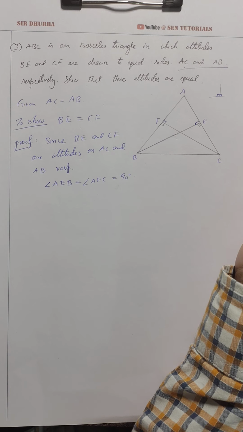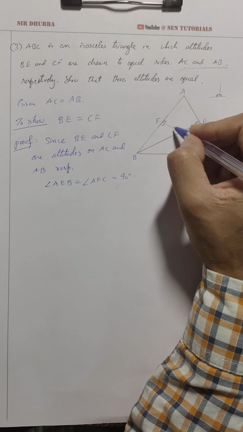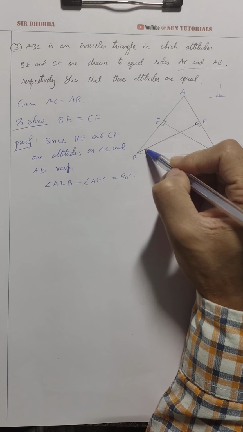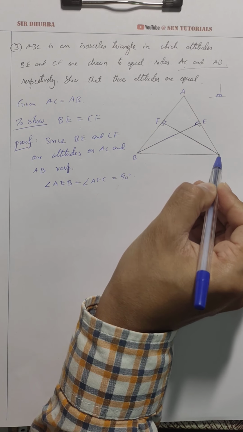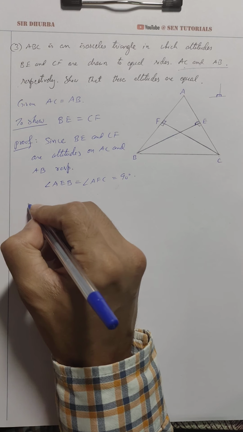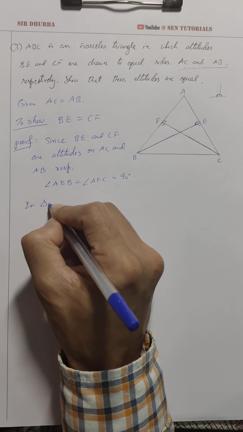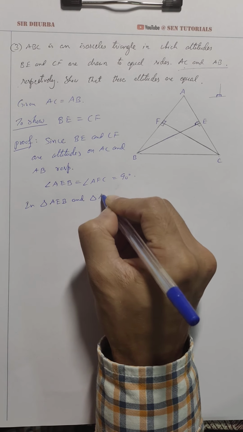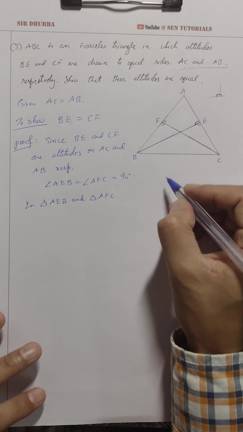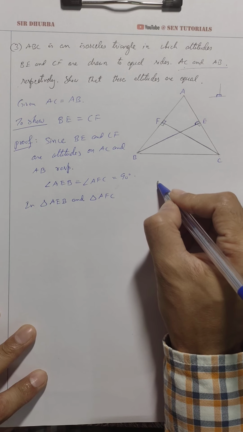The rest of the things, nothing much given. So I'll have to prove that BE is equal to CF. If you look, there is a common triangle that we can find, that is triangle AEB and triangle AFC. Let's try to cut it out, cutting it out always helps.